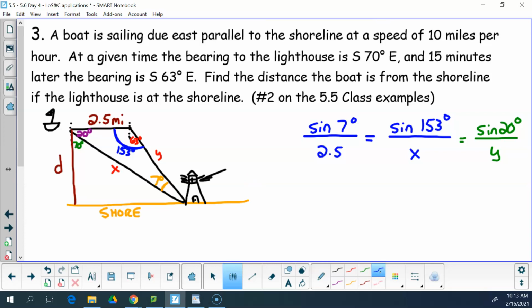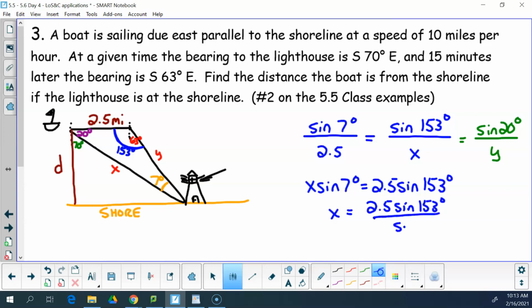So I got x sine of 7 degrees is 2.5 times the sine of 153 degrees. So I got x here as 9.31306.